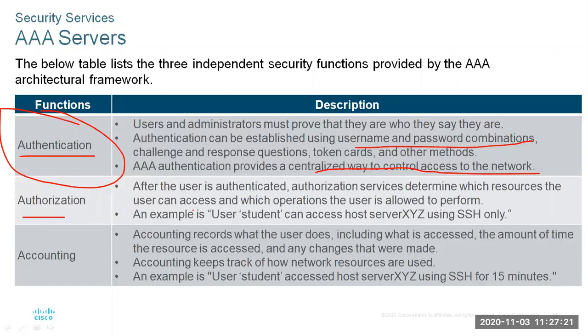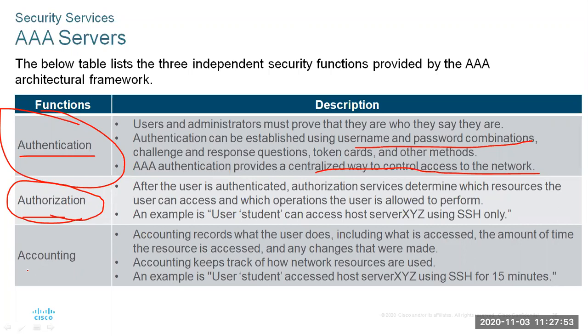Then B, authorization. After the user is authenticated, authorization services determine which resources the user can access and which operations the user is allowed to perform. The concept of authorization is to create limits on user accounts or user profiles. You create limits: you can access this, you are denied this, you can access this.